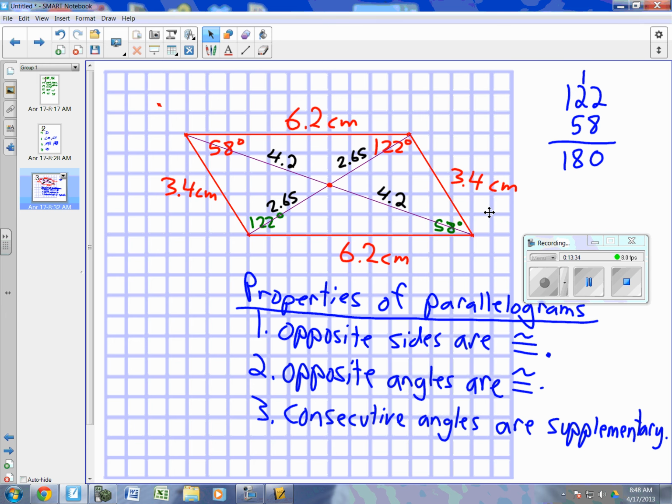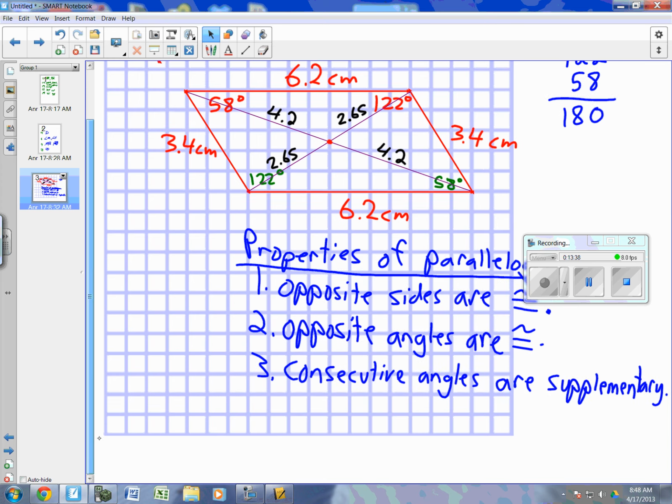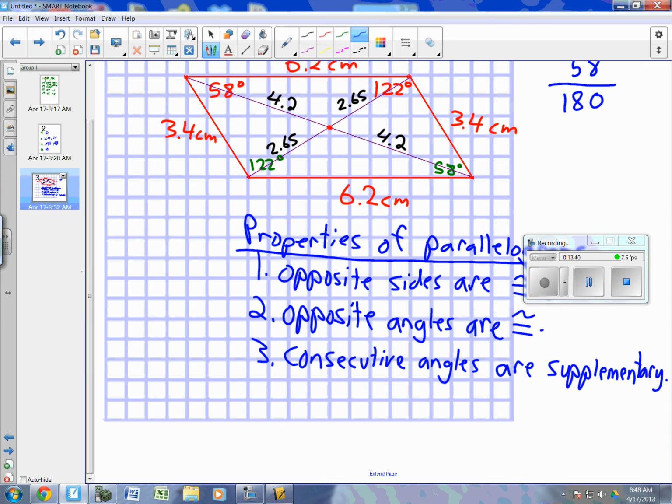Okay, what do we find out about the diagonals, you guys? Hey, you guys, I'd appreciate it if you'd listen so we can get through this. What do the diagonals do? What's a word? There's one word we can use that describes this. They mid-segment each other. Kind of, yeah, it's close.